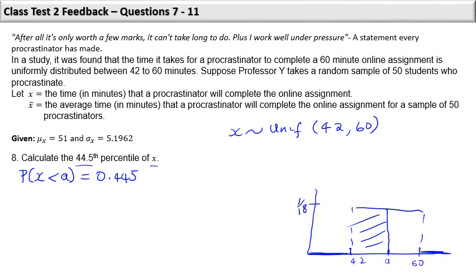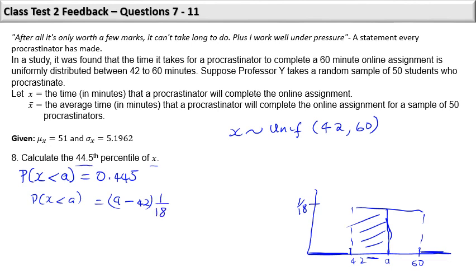So to evaluate this probability, X less than A, I would calculate it as A minus 42, that's the width of the base, times the height of 1 over 18.